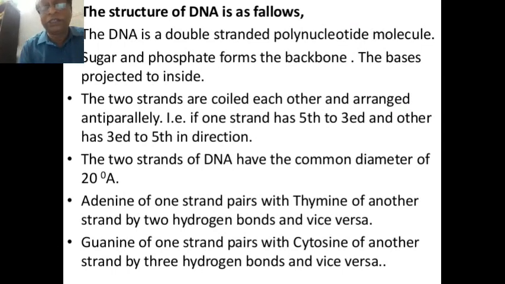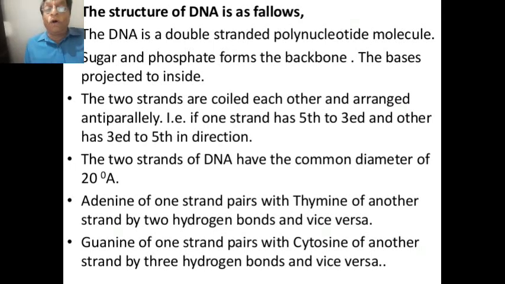According to this, the amount of purine equals the amount of pyrimidine. A plus G equals T plus C. The amount of adenine equals the thymine and the amount of guanine equals cytosine. That is A equals T and G equals C.